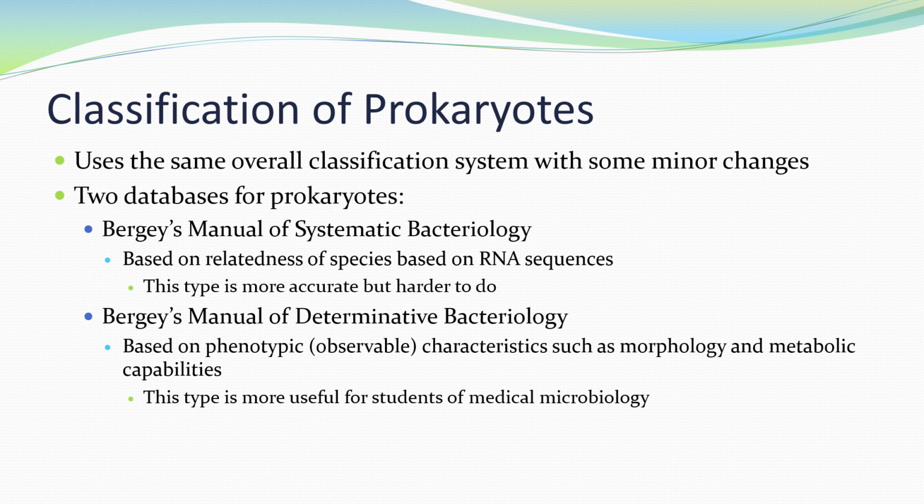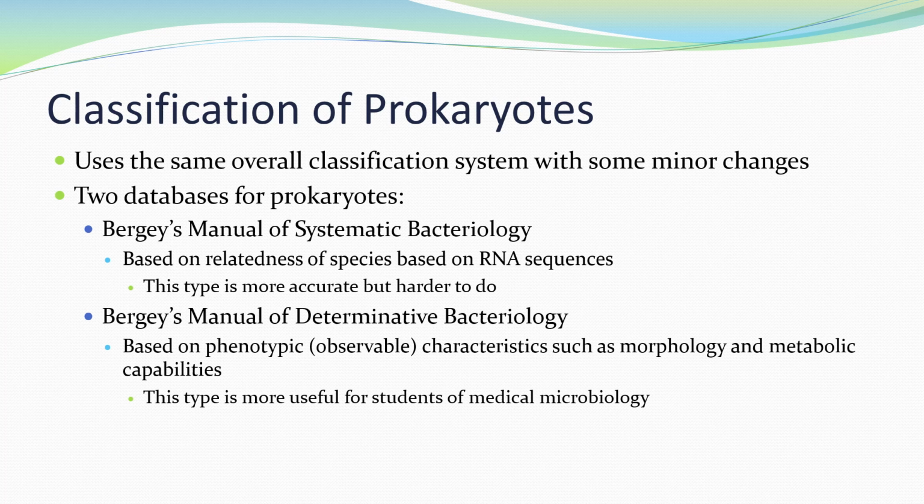The first is Bergey's Manual of Systematic Bacteriology. This is going to use RNA sequences. It's going to be incredibly accurate to compare species of prokaryotes to other species of prokaryotes, but it's substantially harder to do.